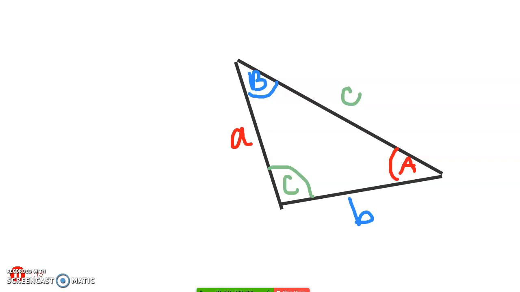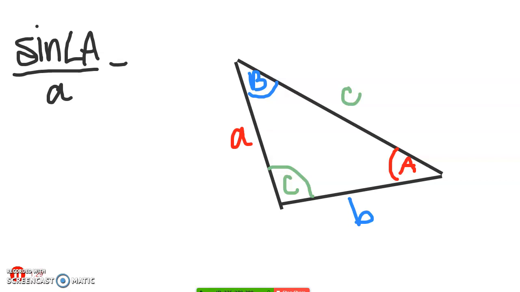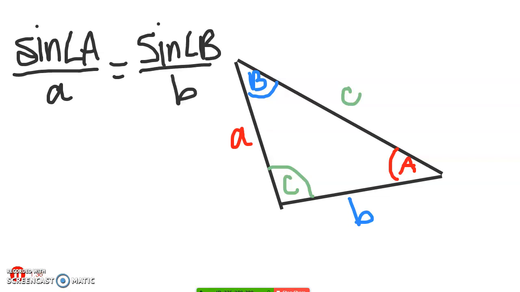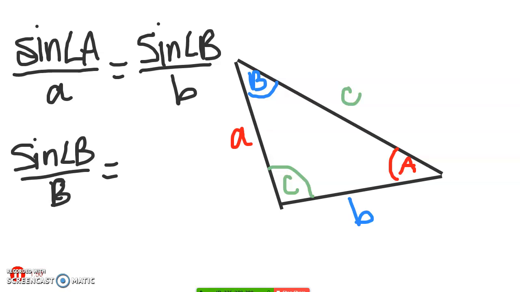That means that the sine of angle A over A is going to be equal to the sine of angle B over side B. Likewise, the sine of angle B over side B is going to be equal to the sine of angle C over side C. All of them are proportional and related to each other and can be set up like a ratio to solve a problem.